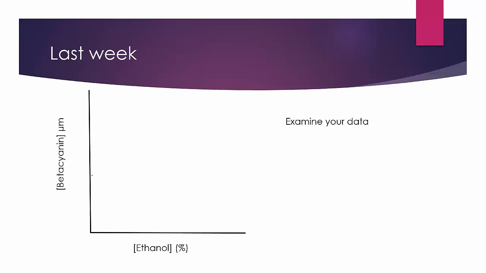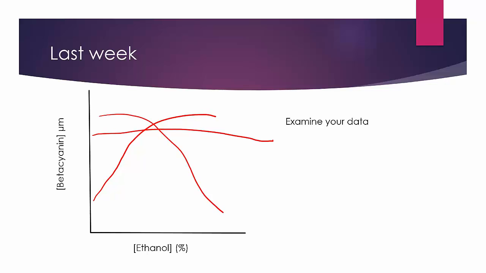So for example, if your data climbed greatly, or did nothing, or dove, or whatever the data may have done over the course of various ethanol concentrations, you'll want to design a new experiment to answer a question.